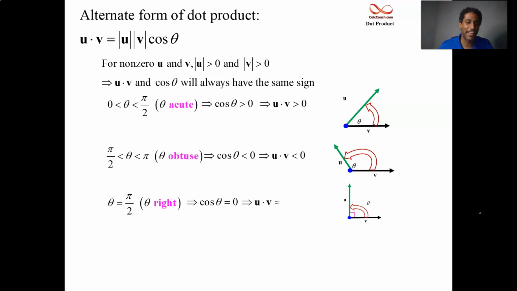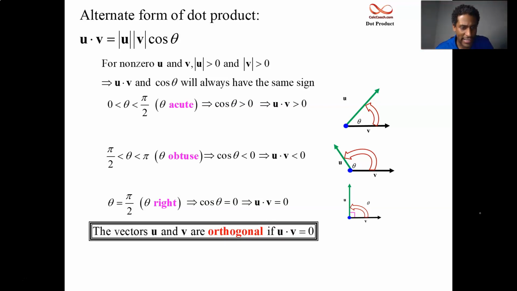So if you have a 0 dot product, the angle between the vectors is equal to 90. The vectors are meeting at a right angle, and the word we use for that isn't perpendicular like we do for lines. The word we use is orthogonal. The vectors are orthogonal to each other when the dot product is equal to 0.